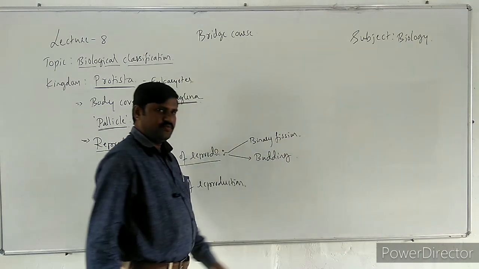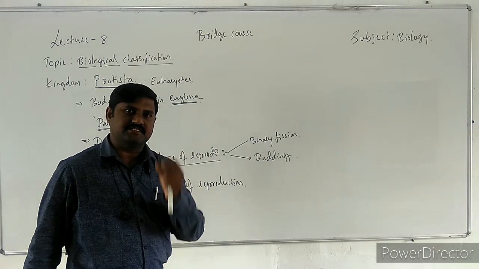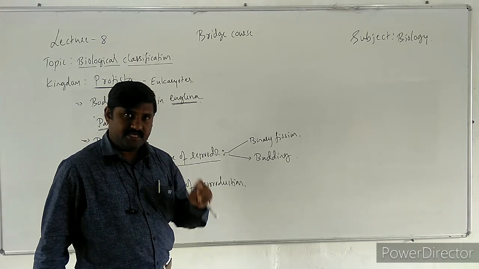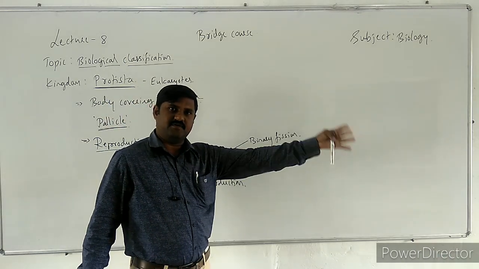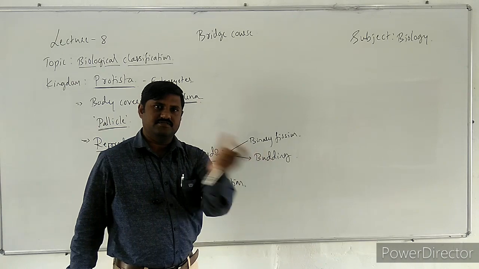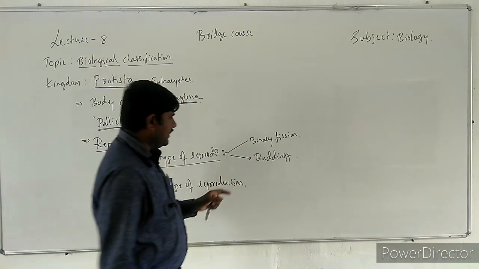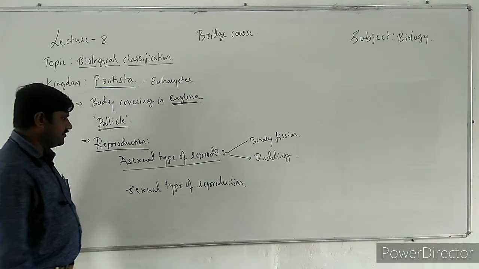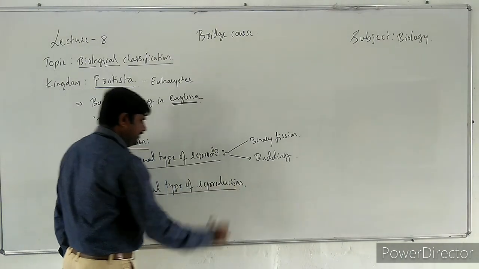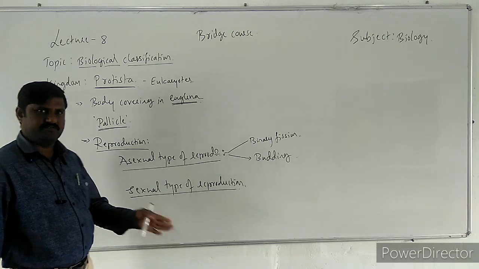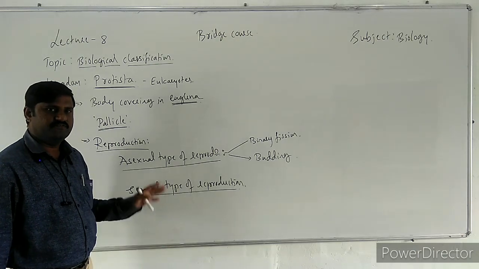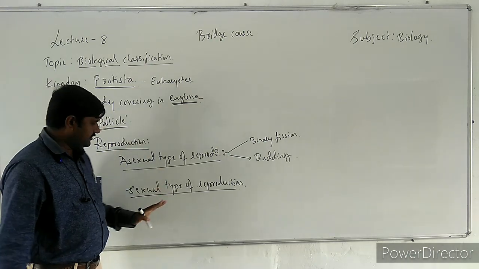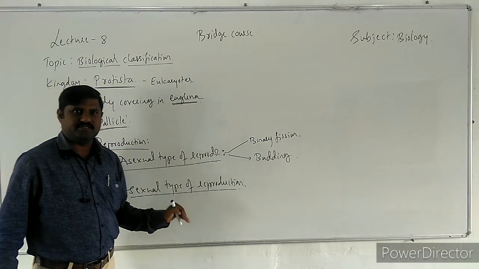A small bud or protuberance is initially formed on the body of the parent organism, and later it detaches from the parent and grows into a new individual. The next type is sexual reproduction, in which formation and fusion of gametes take place to form a zygote. The zygote grows into a new individual.